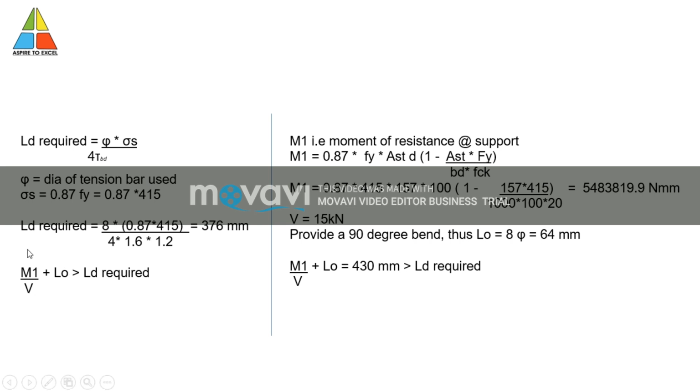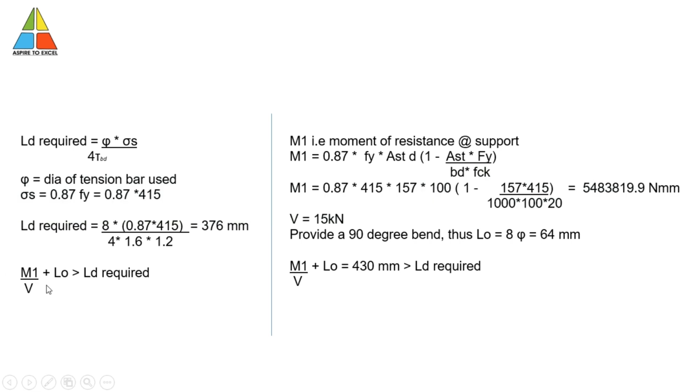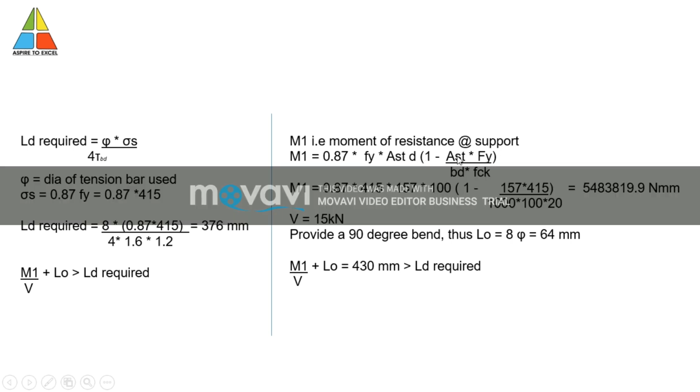And LD available, that is the anchorage value, depends upon M1 upon V plus L0. So what is M1? It is 0.87 Fy AST d. This formula is again given in the code, towards page 96.